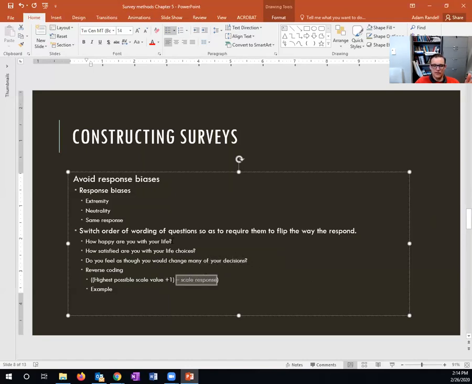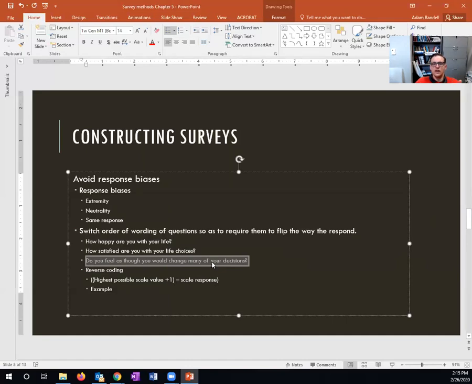So let's say somebody gave us a 7 on this one, a 6 on this one, and then a 2 on that one. Well, on this one, we're going to reverse code it. So we would take 7, the highest value on the scale, plus 1, 8, and then subtract from it the scale response, which was 2. 8 minus 2 is 6.